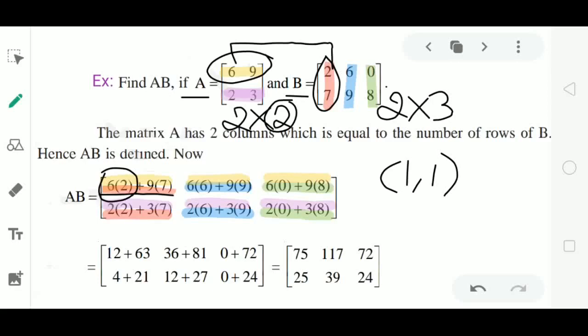Next, second element of first row of matrix A, 9, is multiplied with second element of first column of matrix B, 7, 9 into 7.